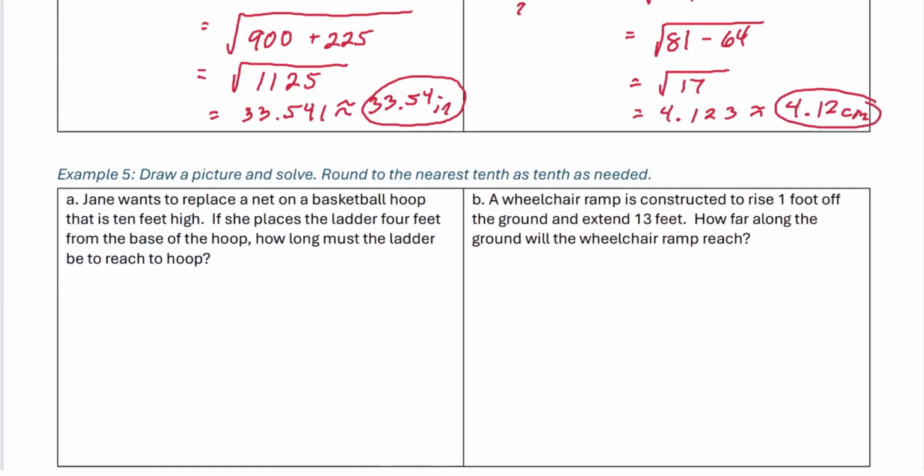In example 5, we again want to draw a picture and solve, rounding to the nearest tenth as needed. Part A, Jane wants to replace a net on a basketball hoop that is 10 feet high. If she places the ladder 4 feet from the base of the hoop, how long must the ladder be to reach the hoop? So let's say the basketball hoop is here.